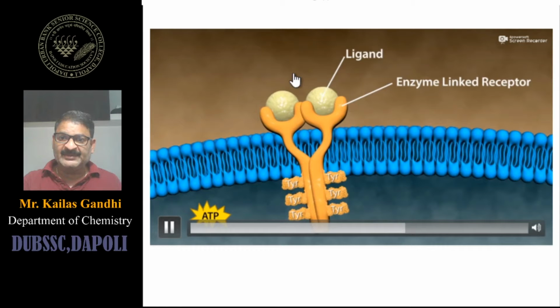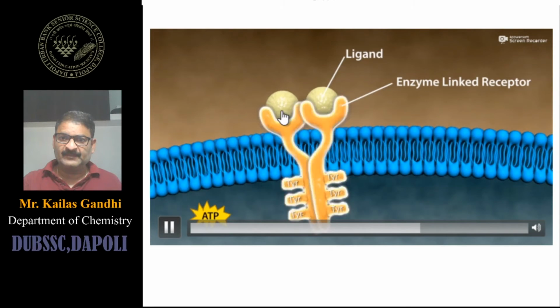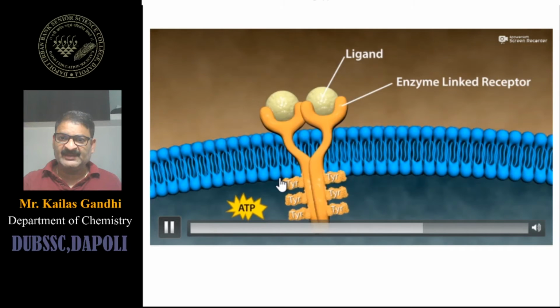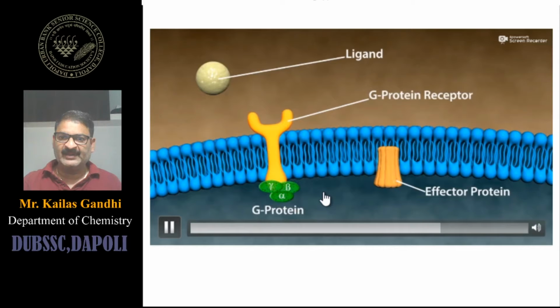The dimerization of the receptor takes place. After the dimerization, an ATP molecule gets attached to this tyrosine kinase enzyme, and it converts the ATP to ADP for the further reaction. So this is useful for phosphorylation and dephosphorylation.